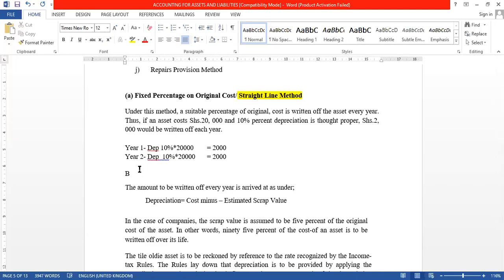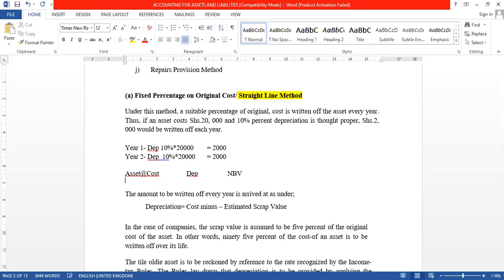One is the asset at cost. Then you'll have depreciation. And then you'll have what we call net book value, if you remember.